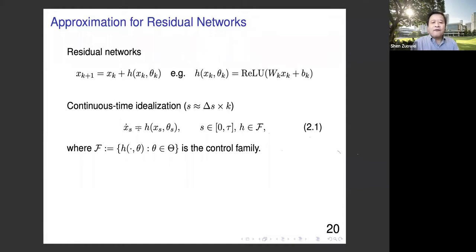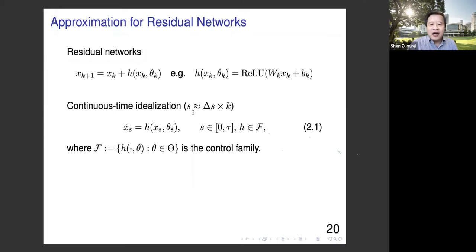But what they did is different. They used it to study the SDE and the stochastic gradient descent (SGD) method. But we are the first to use this to study the approximation of the residual net.